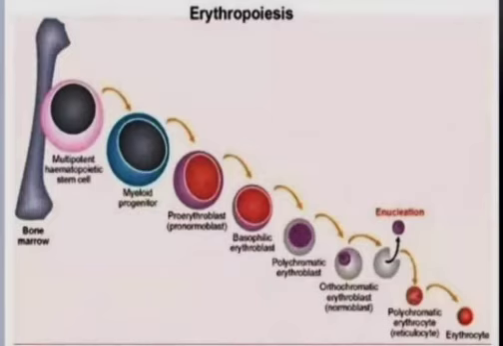Thirdly, there are some cytoplasmic changes. Initially, the cytoplasm of the red blood cell lacks hemoglobin. But as the cells grow to maturity, hemoglobin appears.